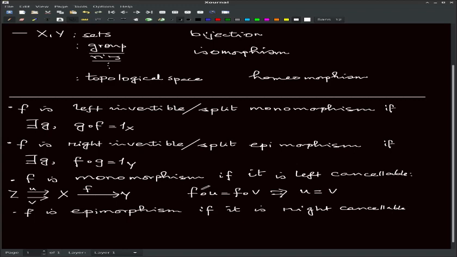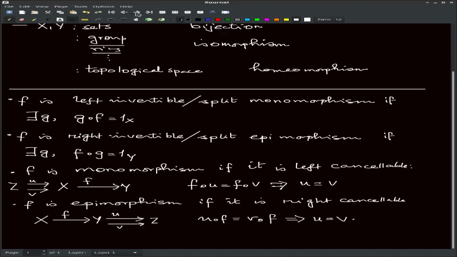In this equation, it is cancelable from the left in equations like this. Over here, the picture is like this. So U composed F is equal to V composed F implies U is equal to V.